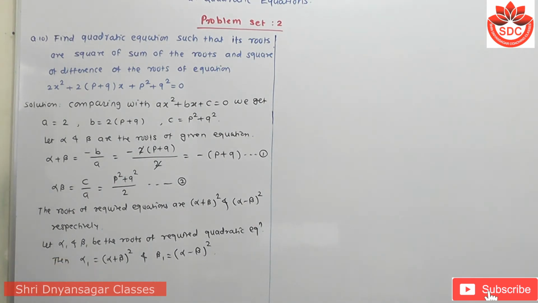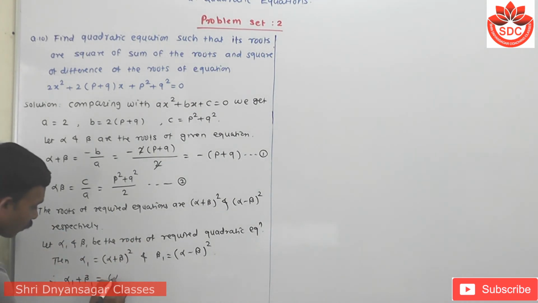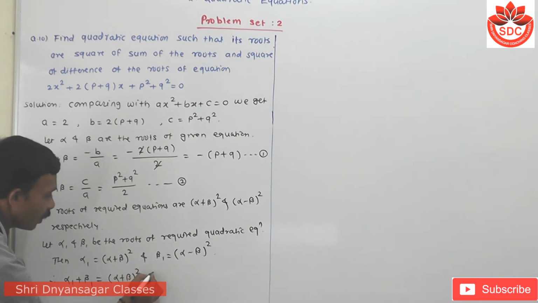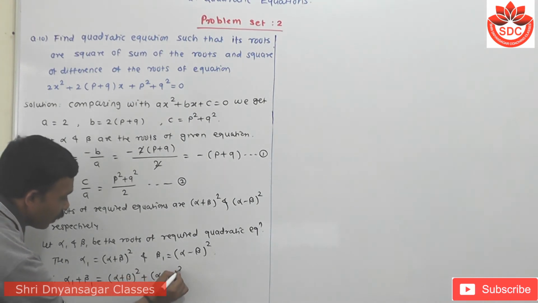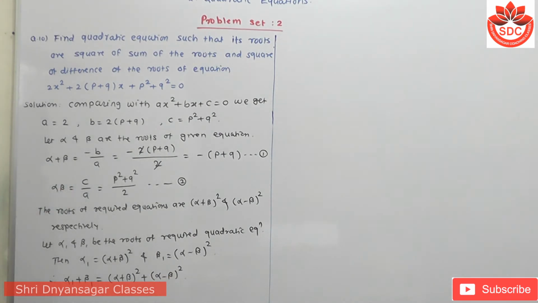Then we have to find its sum and product, because we use these to frame the new equation. Therefore the sum of the roots, alpha 1 plus beta 1, is equal to alpha plus beta bracket square plus alpha minus beta bracket square. Now substitute the values of alpha plus beta and alpha minus beta.